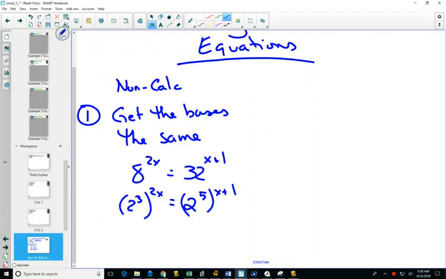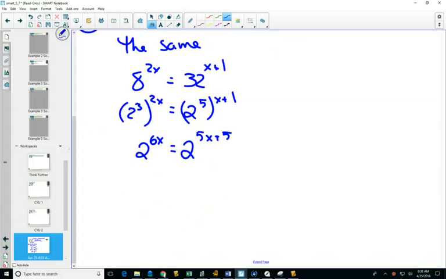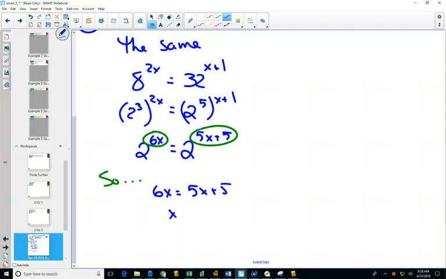So here on this side, you would multiply, so we get 2^(6x) equals, here you would multiply, 2^(5x+5). And at this moment you've got both powers with the same base, so you could just write that 6x equals 5x plus 5. And we get that x is equal to 5.